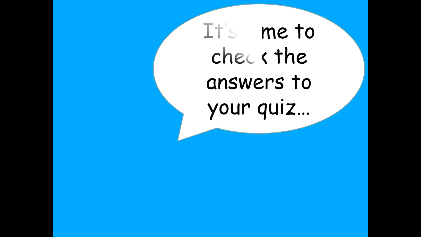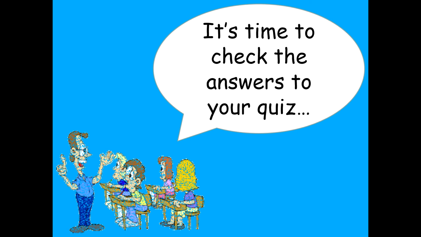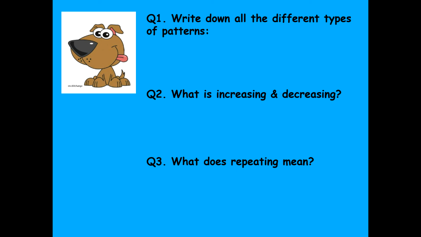Hey, just before I go, let's check the answers to the quiz that we had at the beginning. So I asked you firstly to write down all of the different types of patterns. And I told you there was a trick question because it was all of them. We can make patterns with all of them, like we've practiced over the last few weeks.